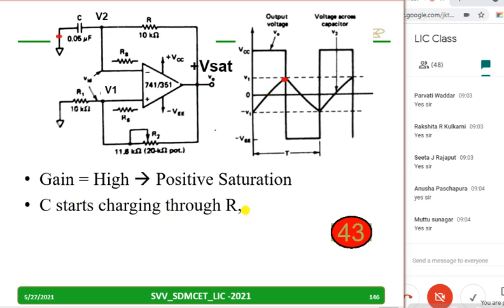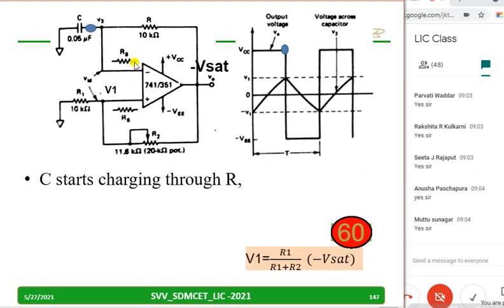Observe it. So now C starts charging. It is increasing. When it reaches V1, a little more than V1, then what will happen? C starts charging through R resistor.